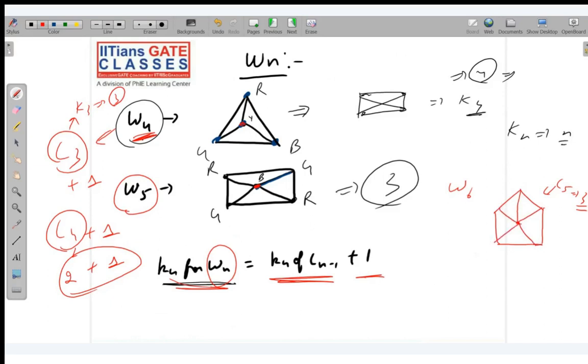So you have to give another color. So that's why I will take C5 plus 1. For W6 I will take C5 plus 1. Rather I should say like this: Kg for C5 will be 3, and plus 1 extra, so it will be 4. So Kg for Wn is Kg for Cn minus 1 plus 1.